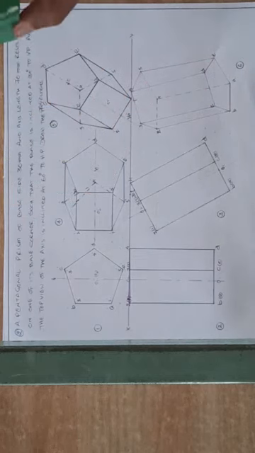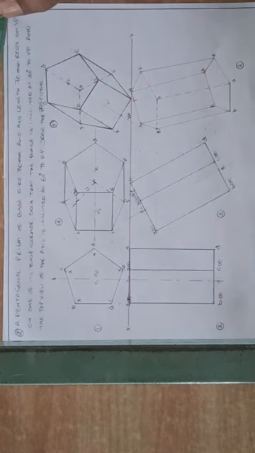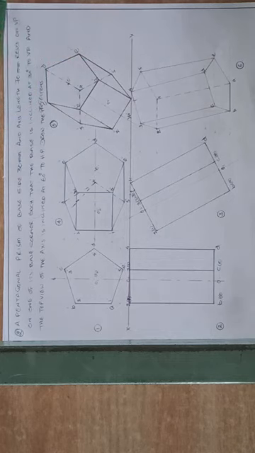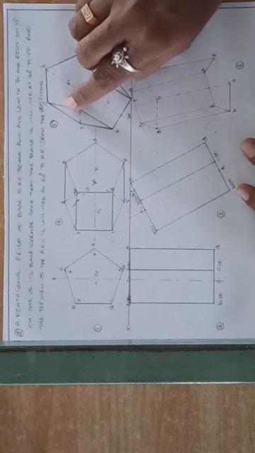One of its 70 mm edges rests on VP on one of its base corners such that the base is inclined at 30 degrees to VP and the top view of the axis is inclined at 60 degrees to HP. Draw the projections. In the previous problem, axis inclination was given, but in this problem, base inclination is given.